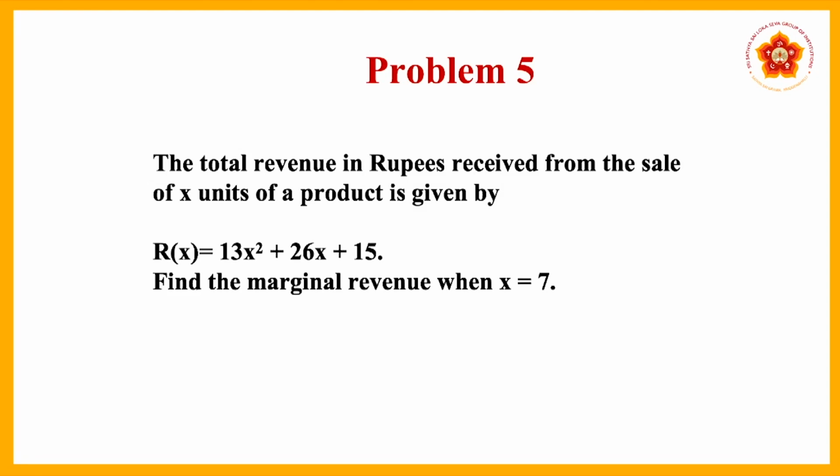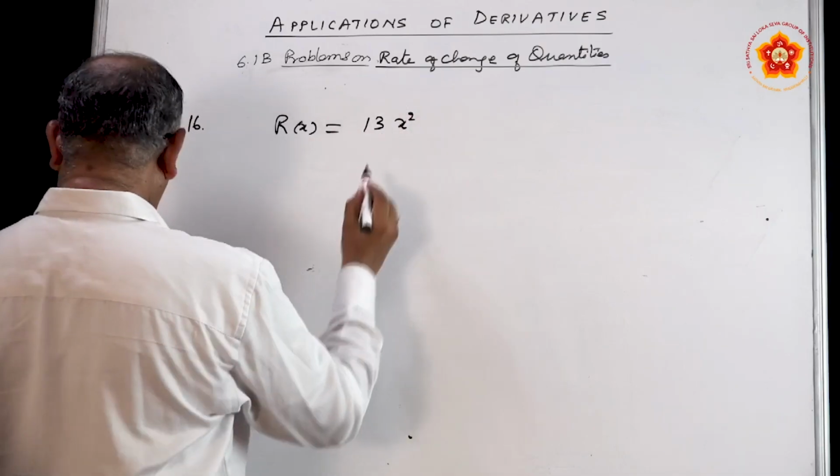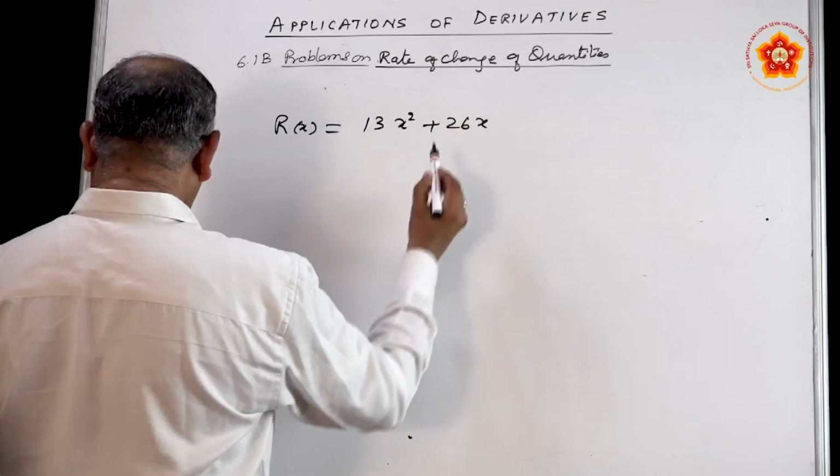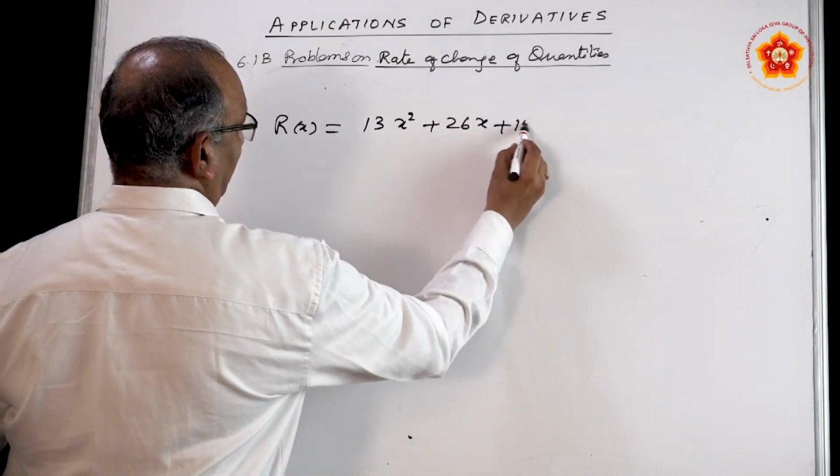R of x is equal to 13x square plus 26x plus 15.